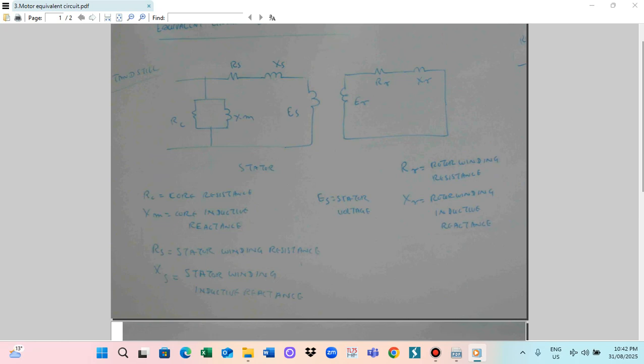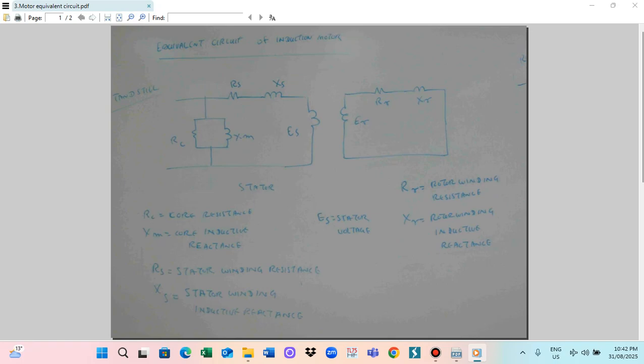Okay, this is for the synchronous condition. Synchronous conditions are the voltage will be this ES here, this is ER here. And then we also calculate for the energy slip. So energy slips are, this is a resistance, RS and the XS here.